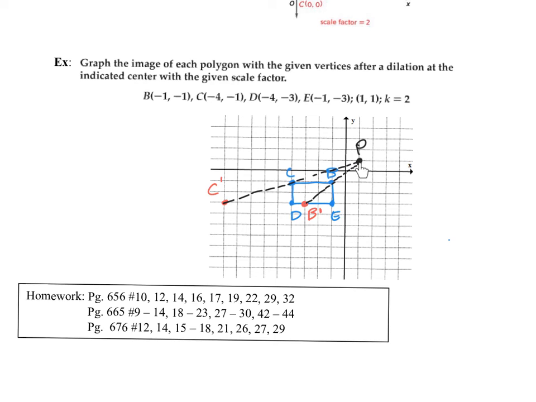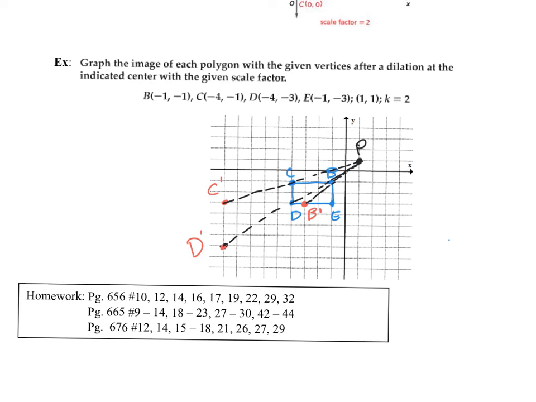So from our fake origin here, we would go to the left 1, 2, 3, 4, 5, 6, 7, 8, 9, 10 units, and then down 1, 2, 3, 4, 5, 6, 7, 8. So D prime is right here. Oops, wrong color. D prime is right here, okay? And again, you can see that D prime would lie on ray PD, and the distance from P to D prime is twice the distance from P to D.